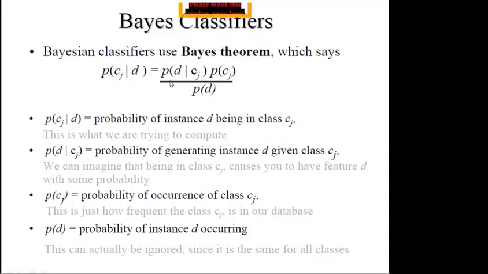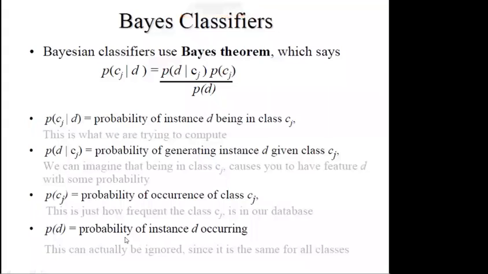This is equal to the probability of D given Cj, that is, the probability of generating instance D given Cj. If you are in this class, what is the probability you'll get this feature? P of Cj means the probability of occurrence of that class in the entire set of examples.